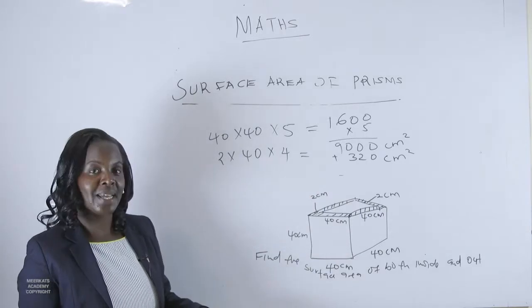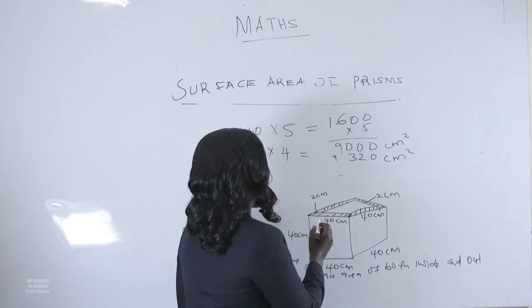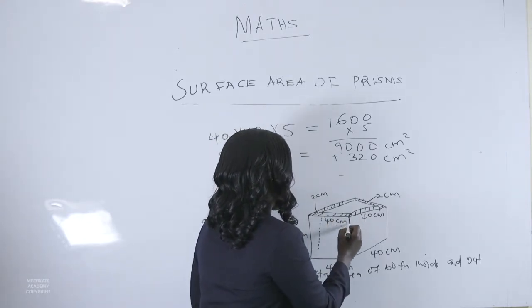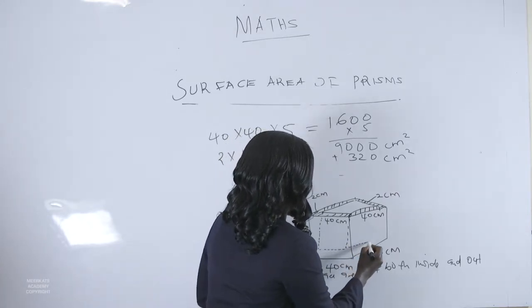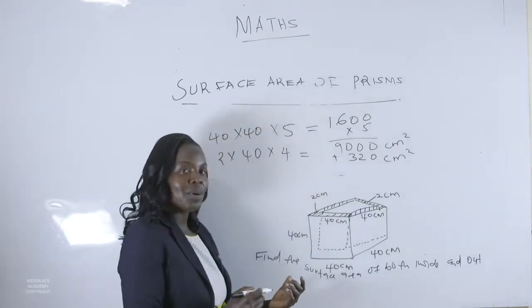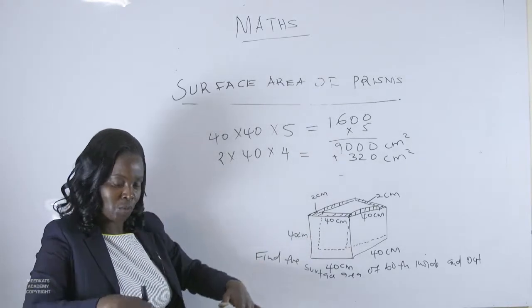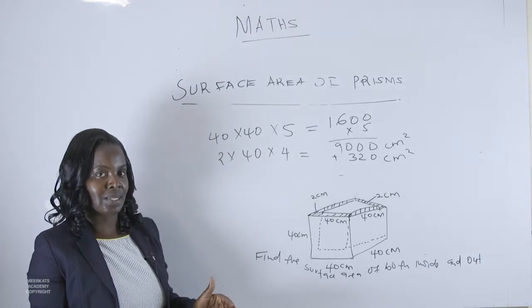The box is open inside. But now it is open, we have the surface inside, because we are told to calculate the surface area both inside and out.